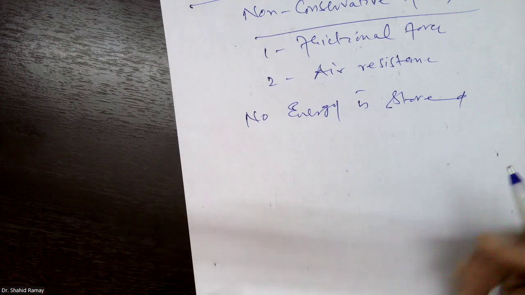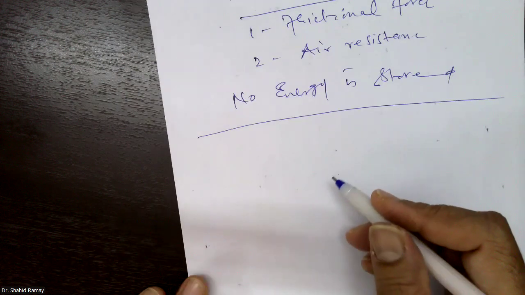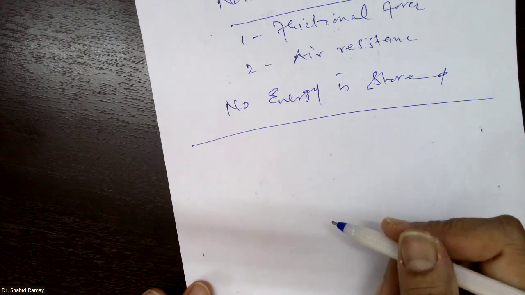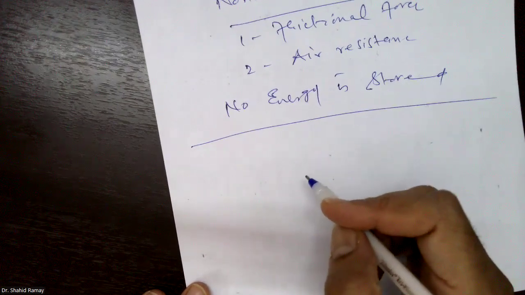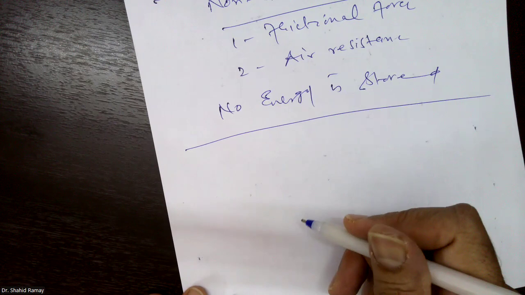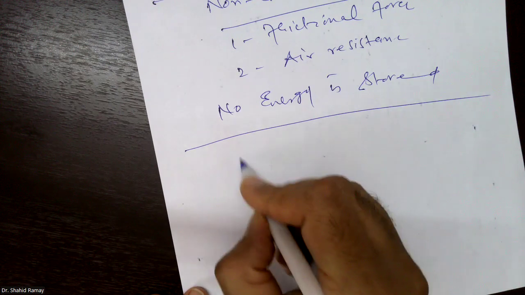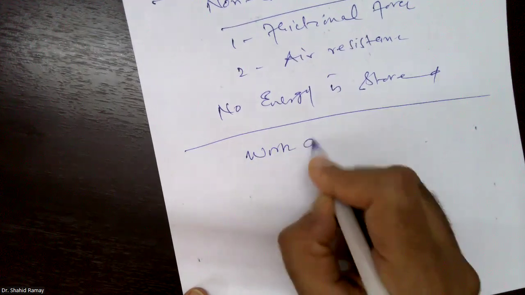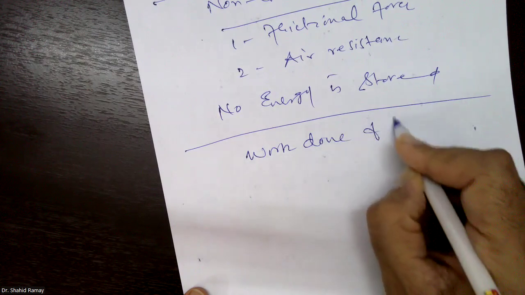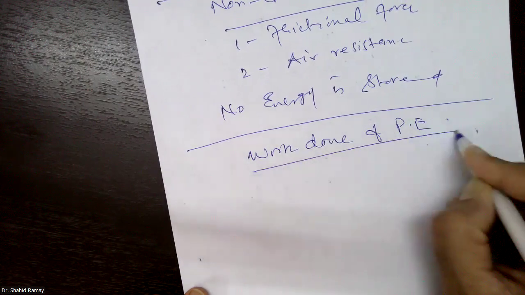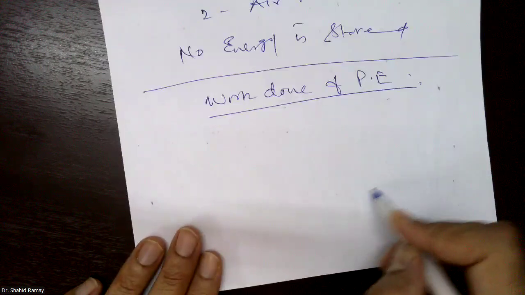Now we want to develop a relation between work done and the potential energy. Let's see what this is. So, work done and potential energy. We have a body.